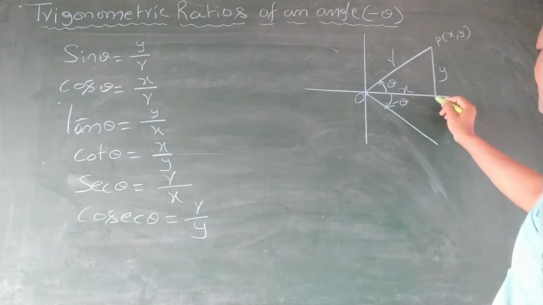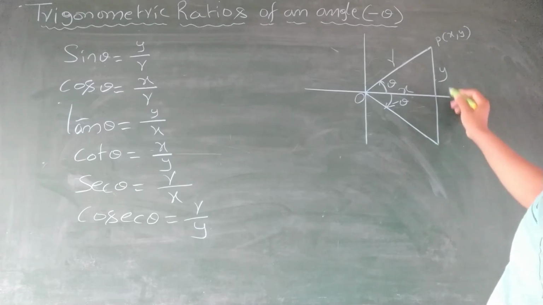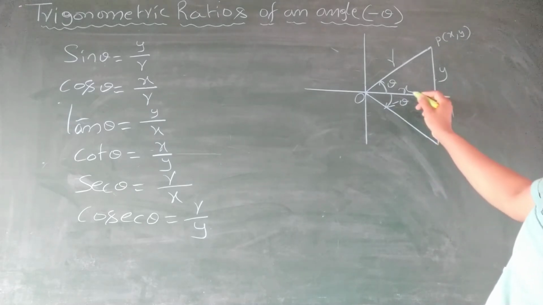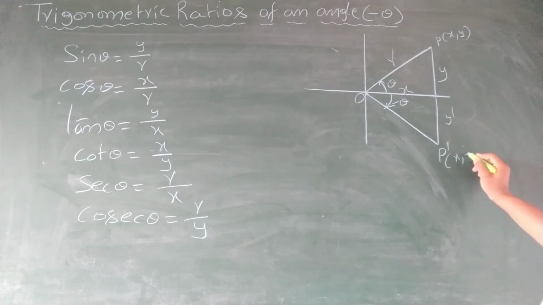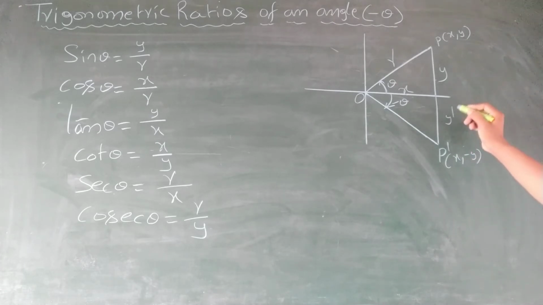Its length is y dash. Now this is x. This P dash is (x, minus y) actually, since this is minus y.